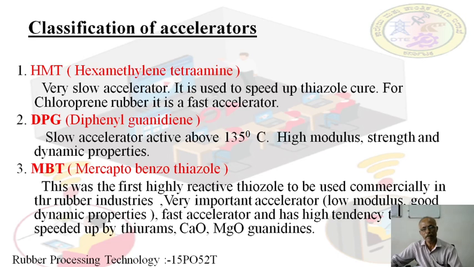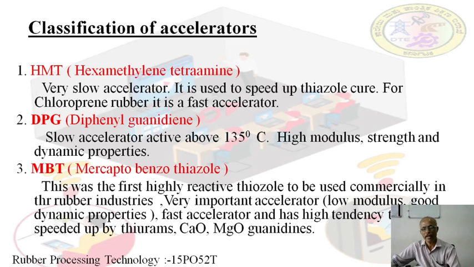Third point, MBT, mercaptobenzothiazole. This was the first highly reactive thiazole to be used commercially in the rubber industries. Very important accelerator: low modulus, good dynamic properties, fast accelerator, and has a high tendency to scorch.